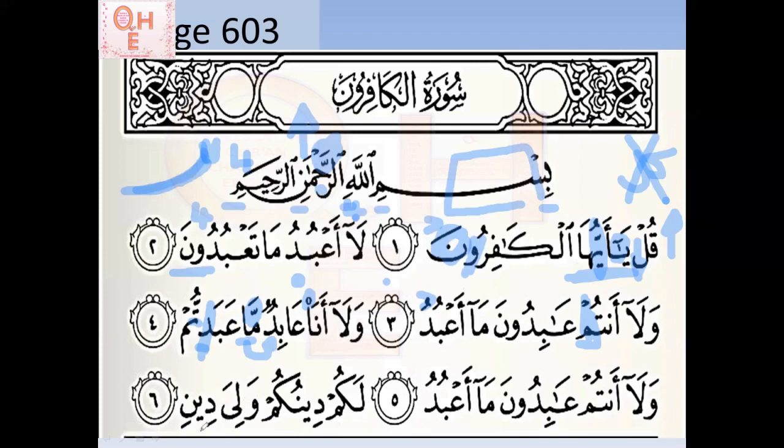Waliya deen, not teen. A lot of people read the dal closer to the ta. Here I will stop with 4 beats still, and I think we have gone through the mistakes of the whole surah, alhamdulillah. And I will read the whole surah right now very quickly with all rules on it.